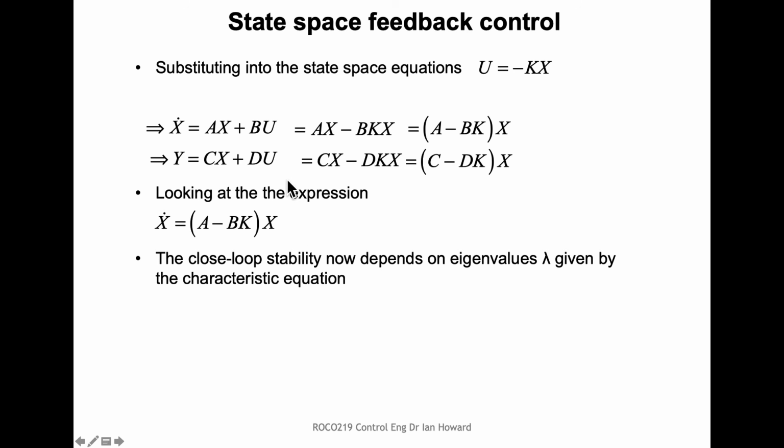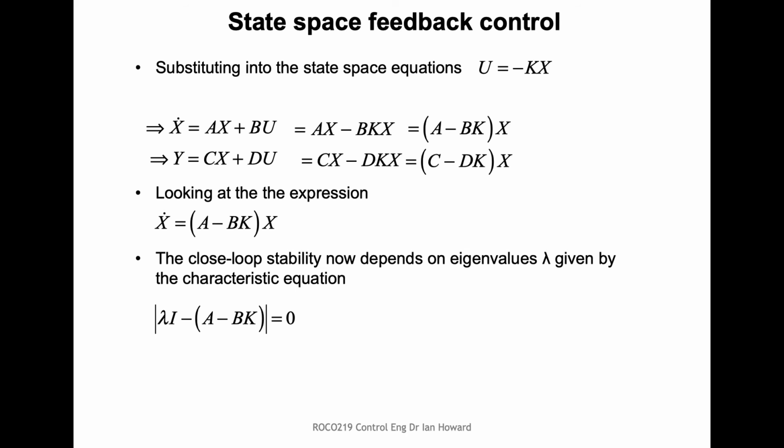So if in the original expression stability depends on the eigenvalues of A, now stability has got to depend on the eigenvalues of A minus BK, since that is the effective new A that we get by using state feedback control.